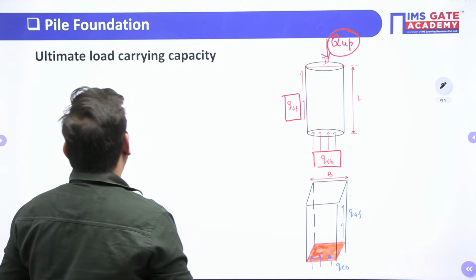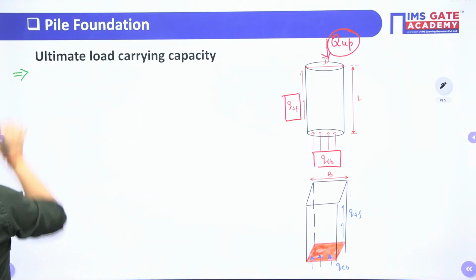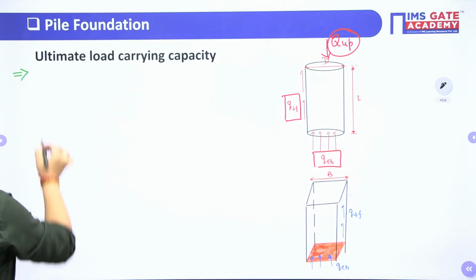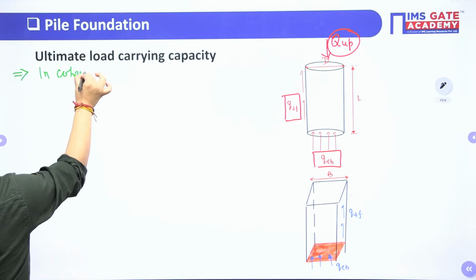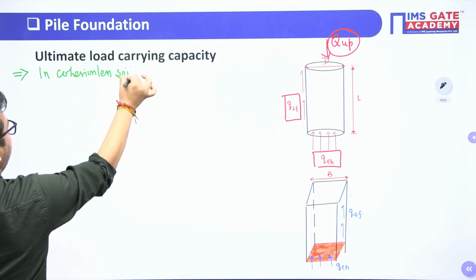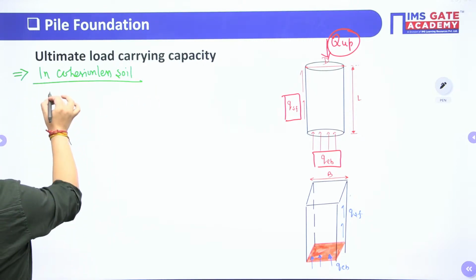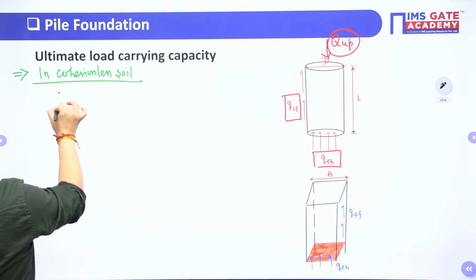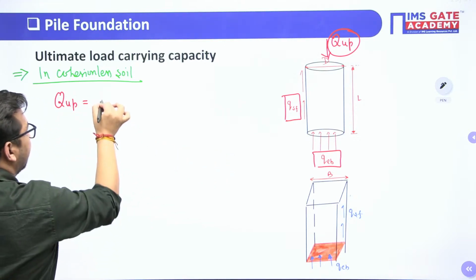Now how to calculate these values? Again, these values will depend upon the type of soil also, right? So in cohesionless soil, we can say that the load carrying capacity of the pile will be equal to the end bearing resistance.